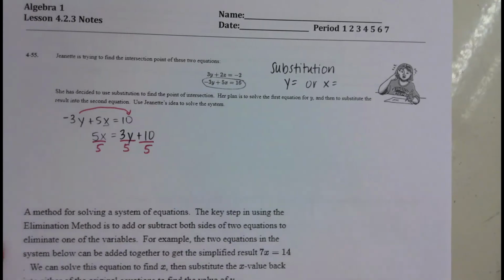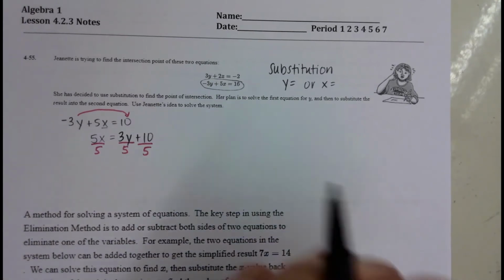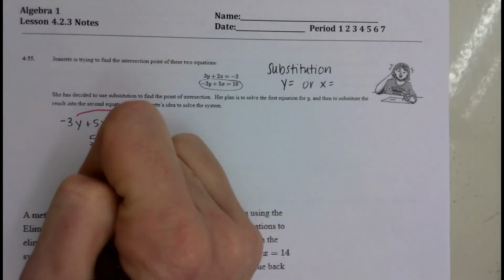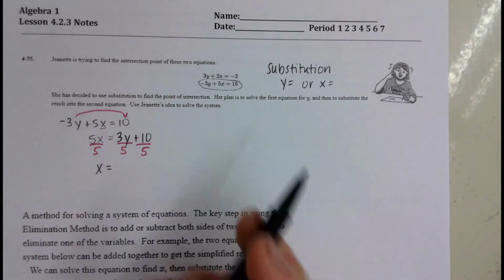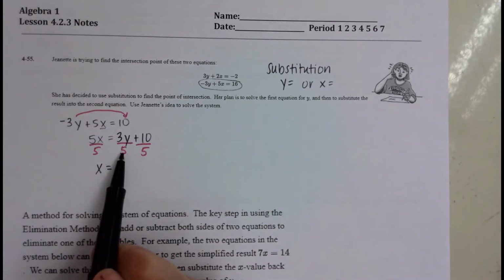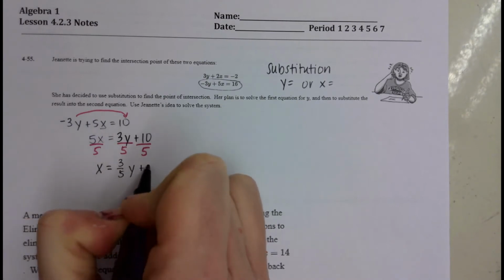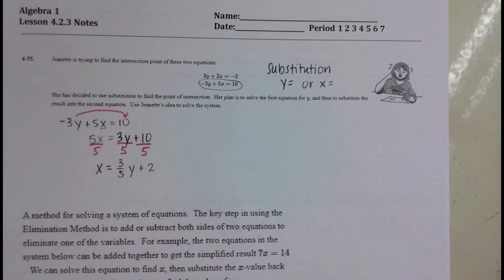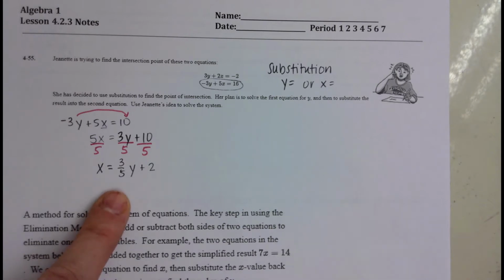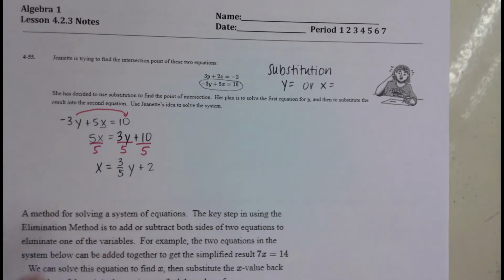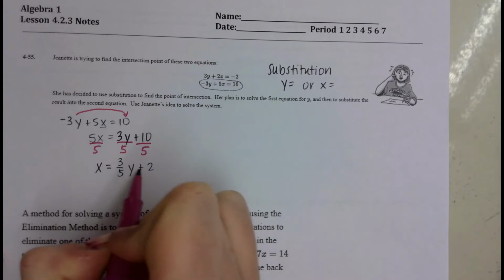Now, this says x equals 3 over 5y plus 2. Okay, right there, I feel intimidated, and I know that some of you do too. You feel intimidated that this is a 3/5.